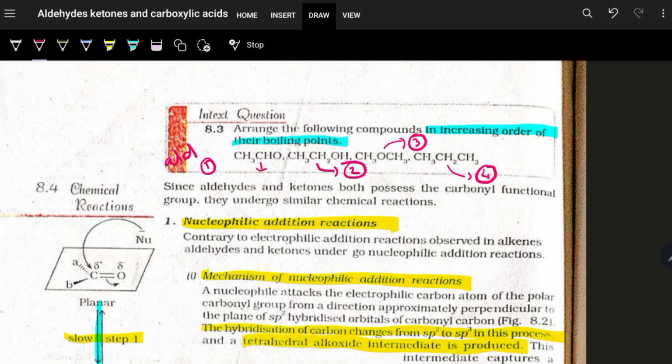So again, for in-text question 8.3, I want your answer in the comment section. What is the increasing order of the boiling point? Which one is lowest, then which one next, and then the last two, which is having the highest and which is having lower.